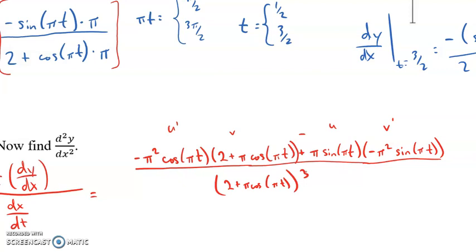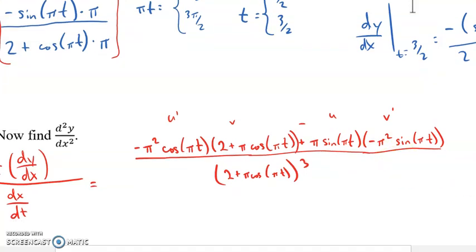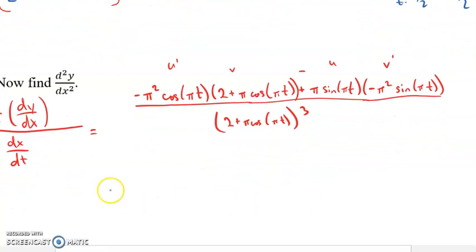Well, if we factor out a negative pi squared, that might be worthwhile. I see something that may help things simplify a bit. So if we factor out the negative pi squared, then that's gone here. We've got 2 times cosine of pi t. And then we also have pi times the cosine of pi t times the cosine of pi t.